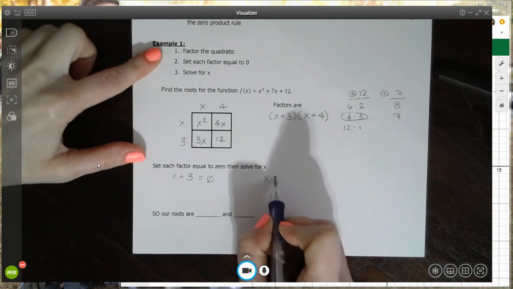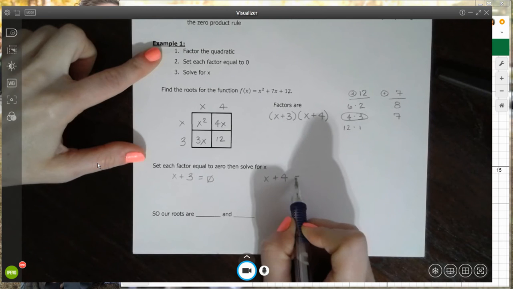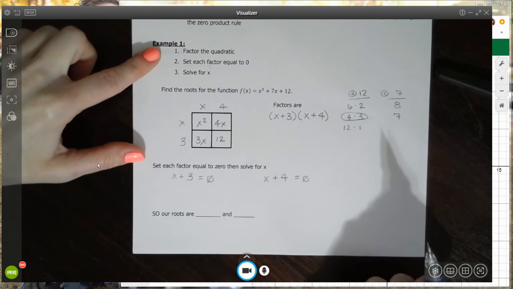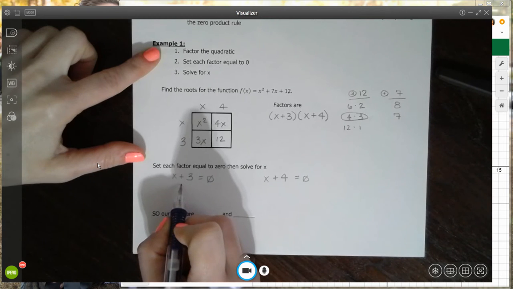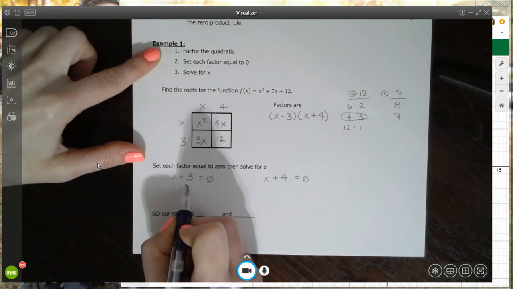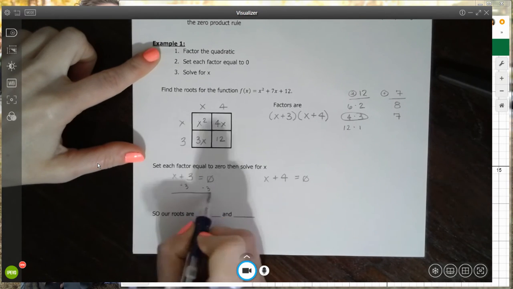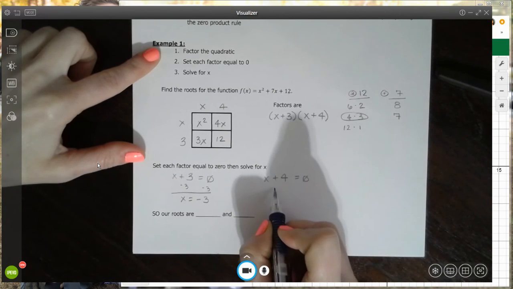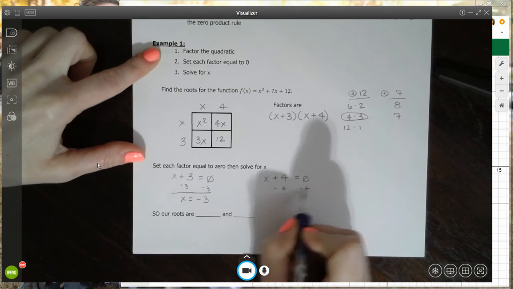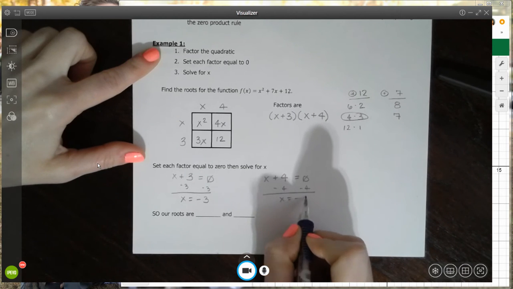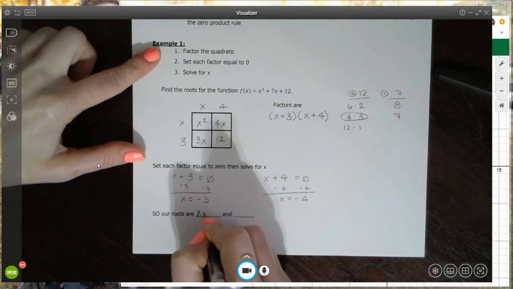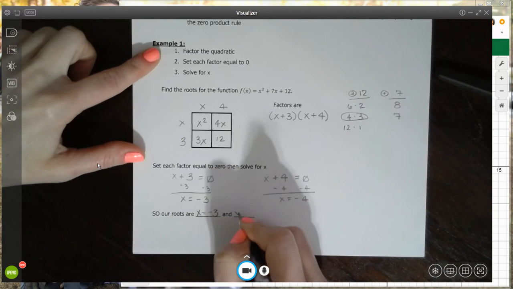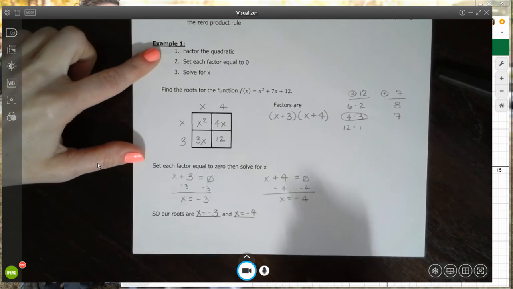And I'm going to take x plus 4 and set that equal to 0. Solving for x, I would subtract 3 from both sides. So x is equal to negative 3. I would do the same thing over here, minus 4 from both sides. So x equals negative 4. So my roots are x equals negative 3 and x equals negative 4.